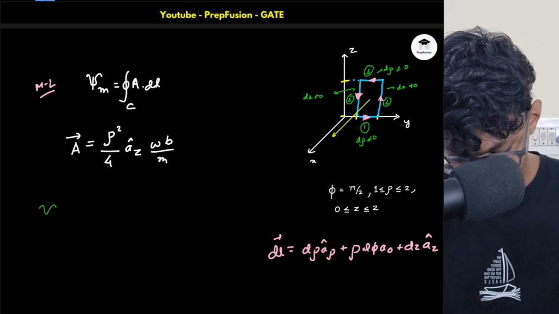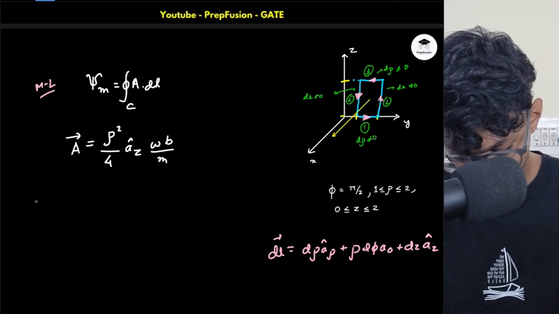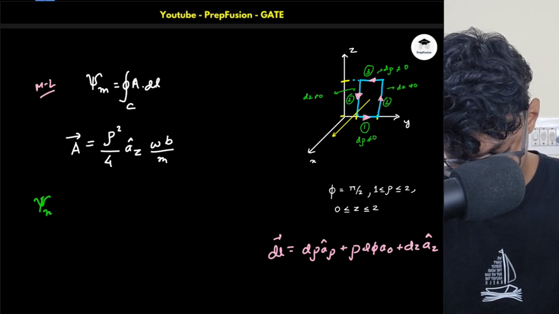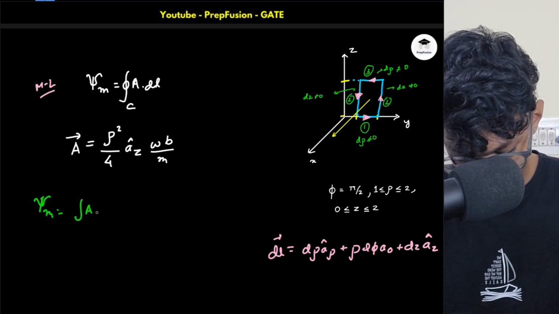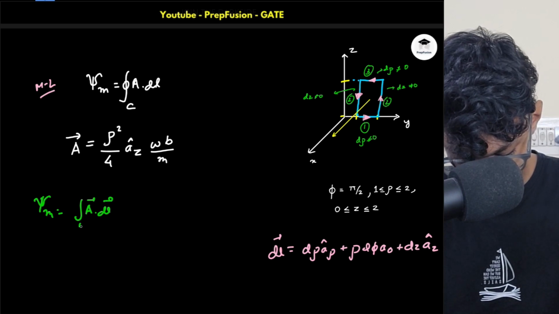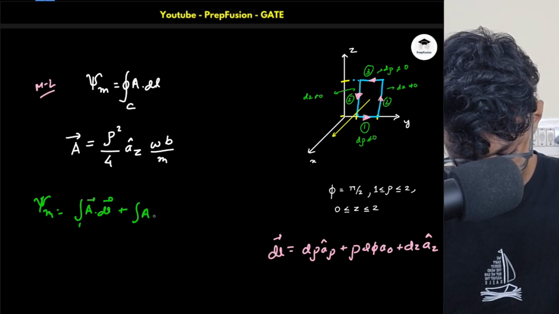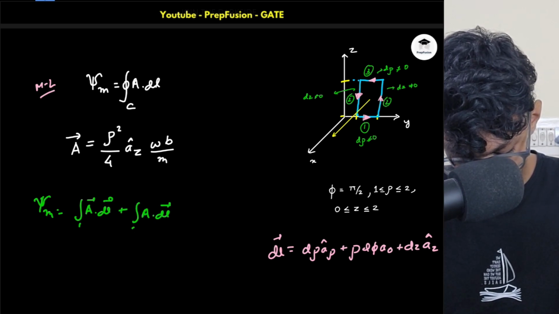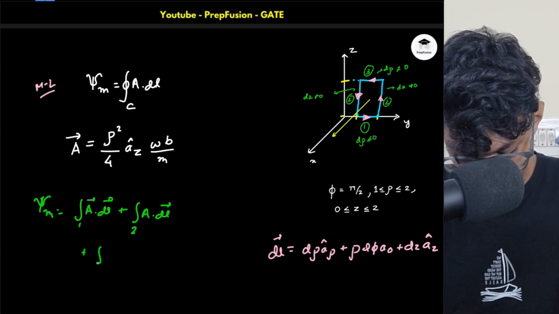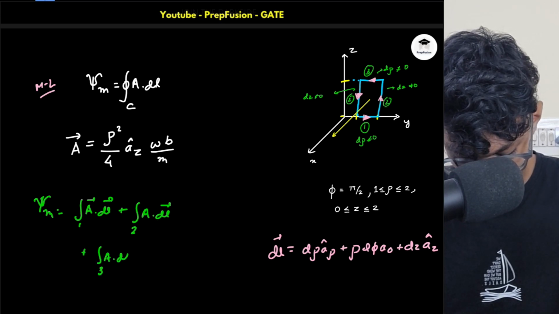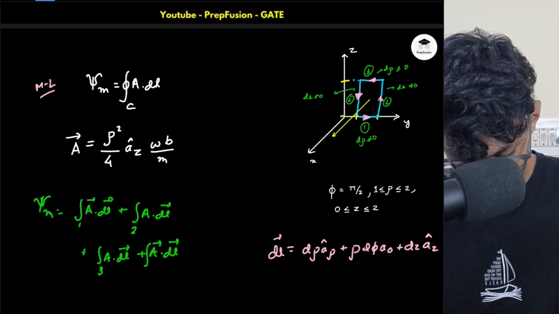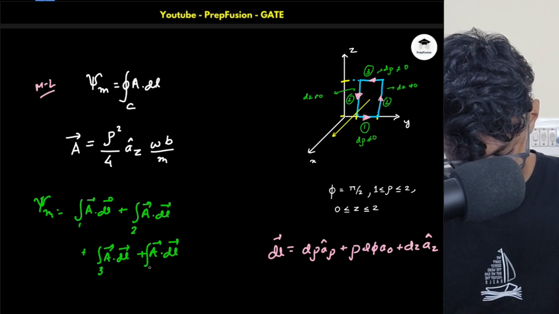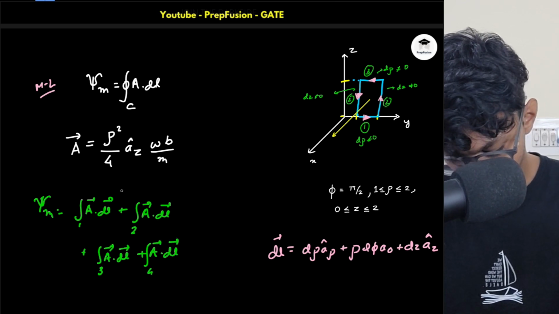So I can safely say that psi m will be the integration of A dot dl 1 plus the integration of A dot dl 2 plus the integration of A dot dl 3 plus the integration of A dot dl 4. And out of this, some will be simply 0.